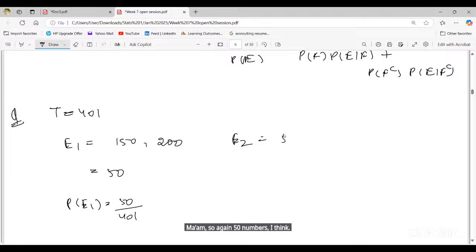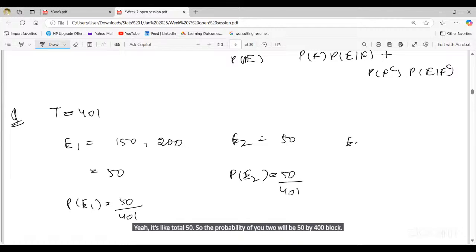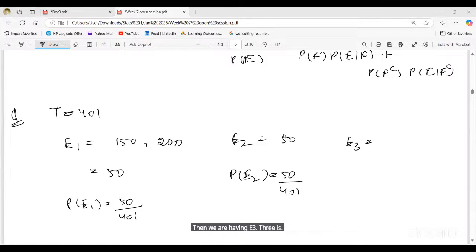Total 50. So the probability of E2 would be 50 by 401. Then we have E3. E3 is the number on the card is greater than 60 but less than or equal to 110. So basically this is also 50.